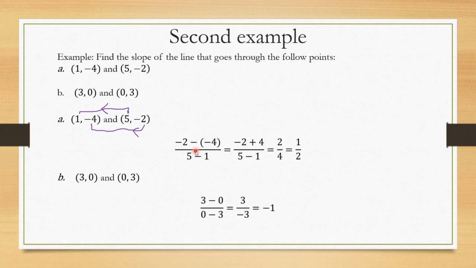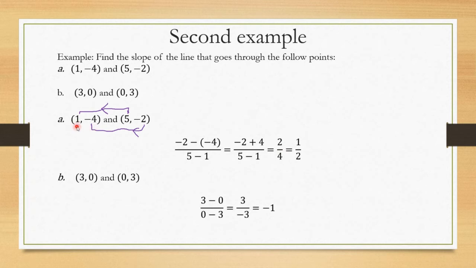All right, so here we calculate the slope. Again, minus a negative is addition. So we get negative 2 plus 4 over 5 minus 1. So that's 2 over 4, which is the same as a half. And notice here that the slope is positive. That's actually expected. We'll see that today.